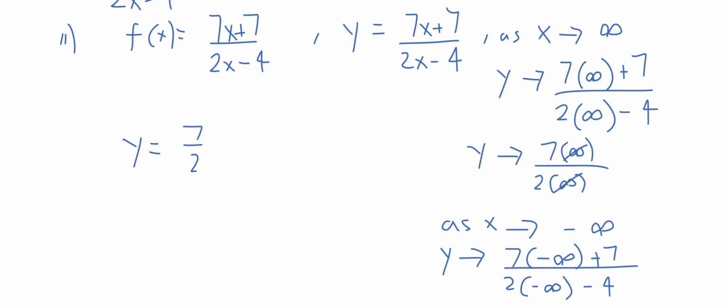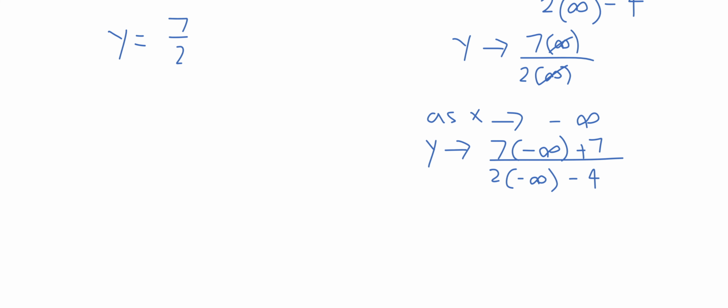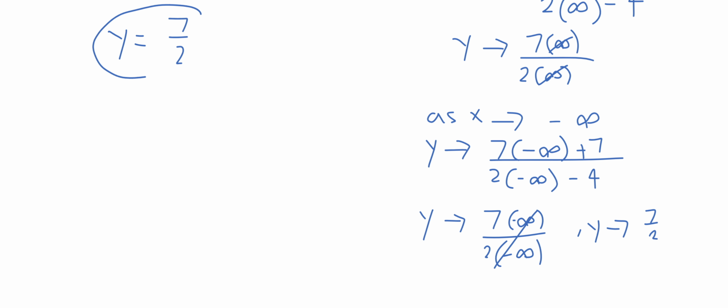Again, the plus 7 and the minus 4 in the numerator and the denominator are both insignificant. So y approaches 7 multiplied by minus infinity over 2 multiplied by minus infinity, and minus infinity over minus infinity cancels. So y approaches 7 over 2. Again, we're left with the same solution: y equals 7 over 2.